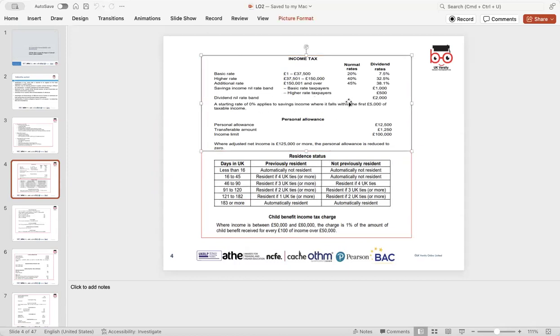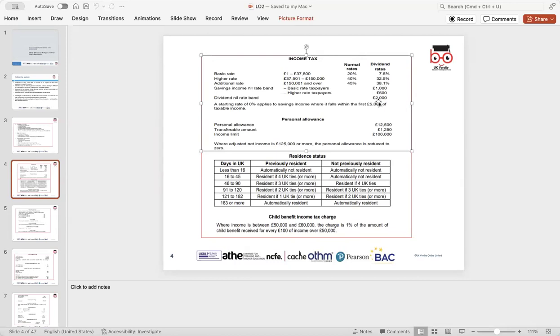There is also a dividend nil rate band of £2,000. Additionally, there is the personal allowance, which is the amount of income you can earn before you start paying income tax. For the current year, the personal allowance is £12,500. If your adjusted net income is over £125,000, your personal allowance is reduced to zero.